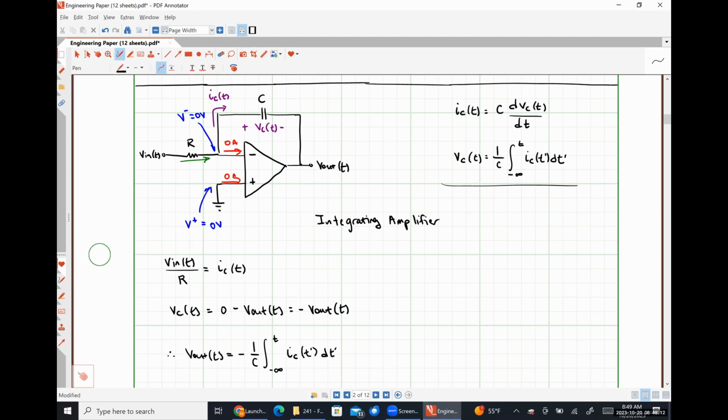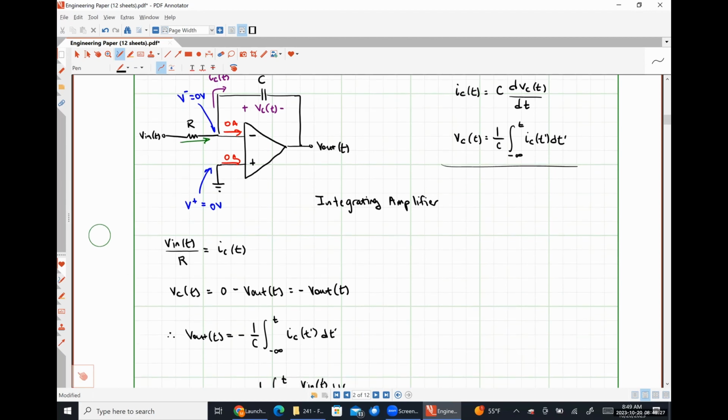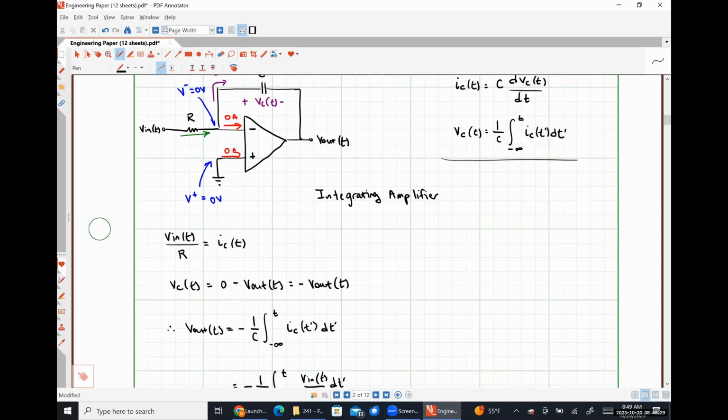The integrating amplifier is a very interesting amplifier because not only is it used to perform the mathematical operation of integration for analog signal processing, but it is also a fundamental building block of both control systems and communication systems. In a control system, this is a part of what's called a PID controller, a proportional integral differential controller.